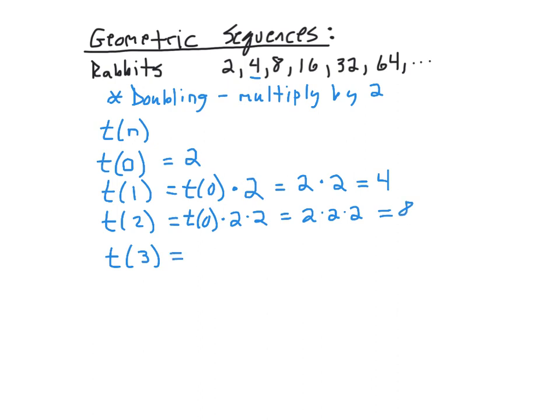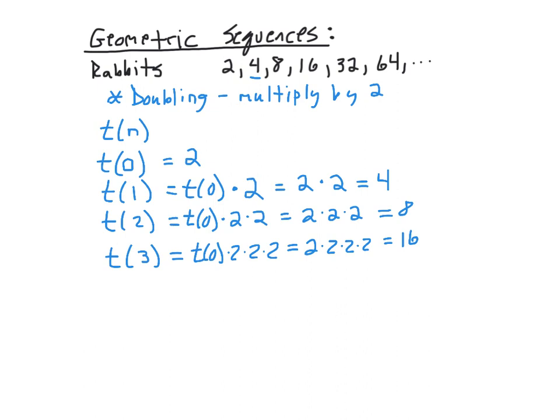And then I'll do one more. So now it's t of 0. Double it, that gave me t of 1. Double it again, t of 2. And now I have to double that again to get t of 3, giving me 2 times 2 times 2 times 2, and that's equal to 16. And we could keep going on like that.